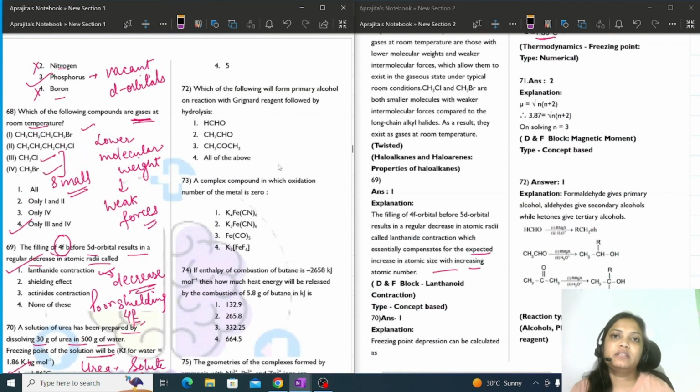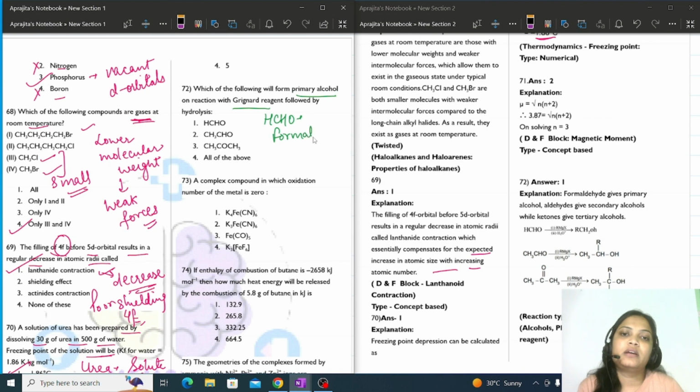Question number 72. Which of the following will form primary alcohol on reaction with Grignard reagent followed by hydrolysis? We know that formaldehyde, which is HCHO, gives primary alcohol on reaction with Grignard reagent.